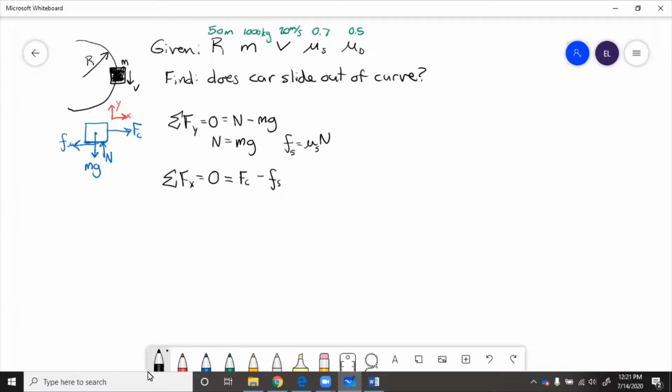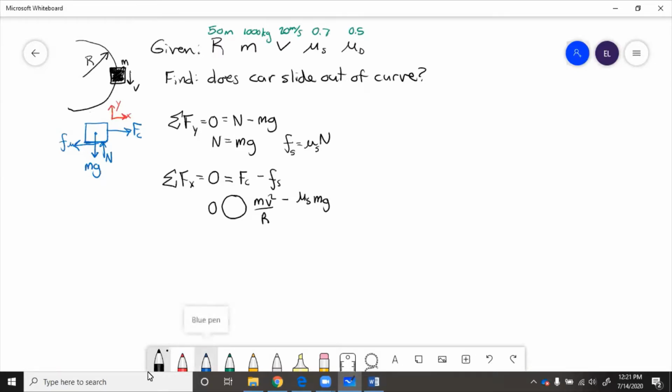So really, we need to compare 0 to the rest of this: mv squared over r minus mu_s mg. Now, if the centripetal force is greater than the friction force, the car will slide out of the curve. If not, then we know that the car stays on its track.